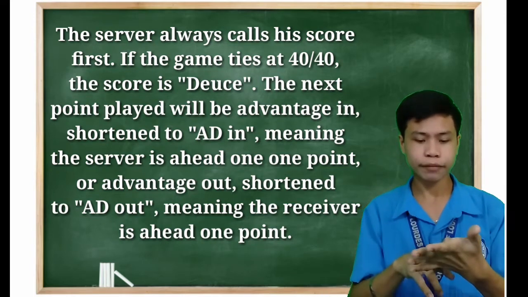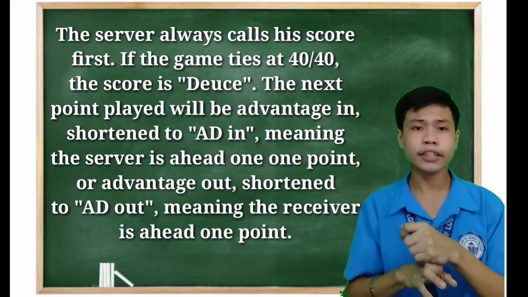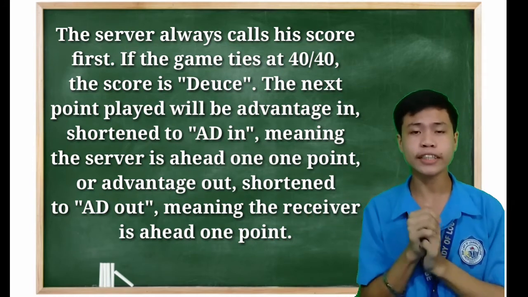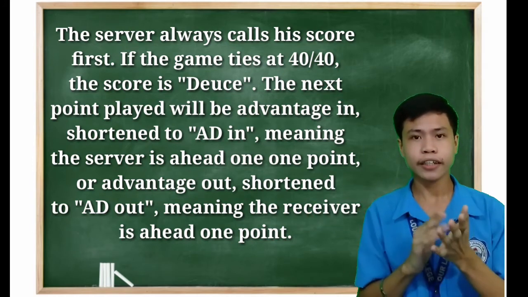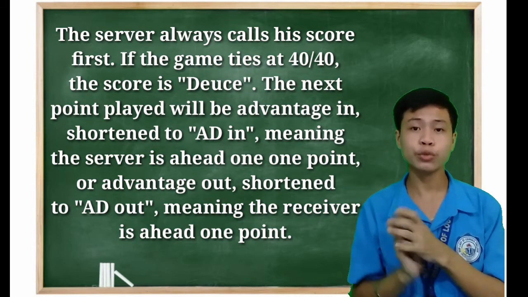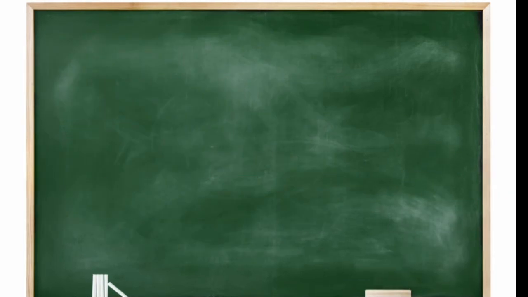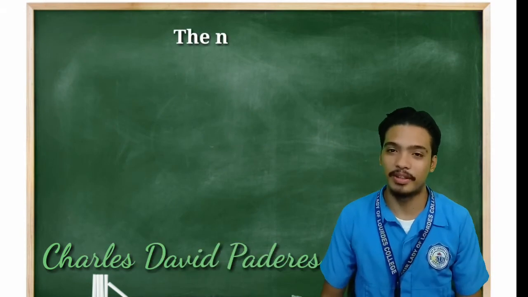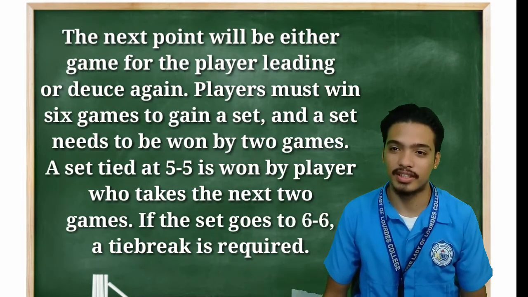If the server hits the ball out, we call it add out, meaning the receiver is ahead 1 point to the server. The next point will be either game for the player leading or deuce again.